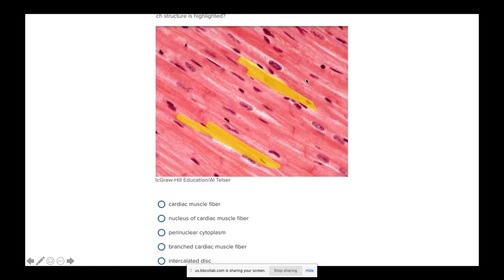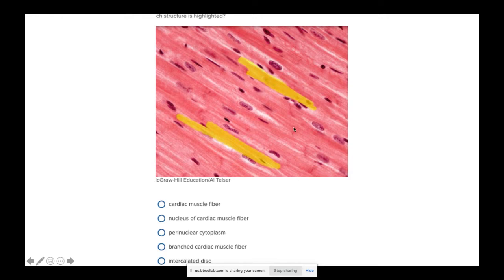Now, this was one that showed up on a past exam as well. Again, it's cardiac muscle, right? If we look at the choices, is it a cardiac muscle fiber? Is it a nucleus of a cardiac muscle fiber? Is it a perinuclear cytoplasm? Well, we can eliminate that. That has nothing to do with the rest. Is it an intercalated disc?